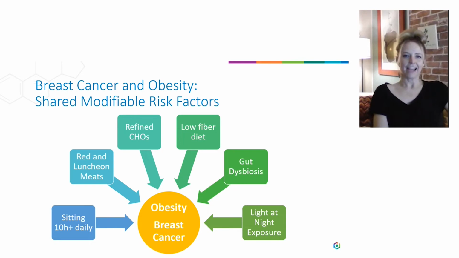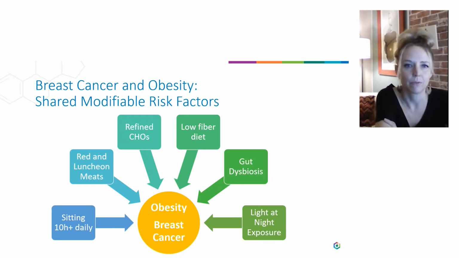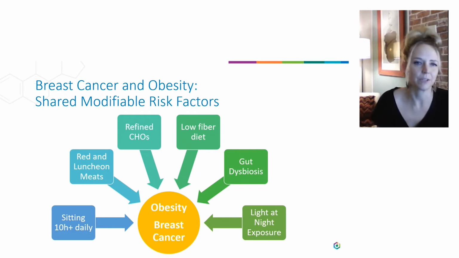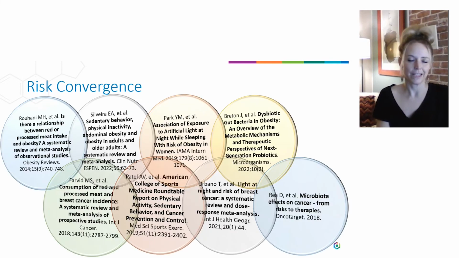In fact, at the level of lifestyle, obesity and breast cancer share some common risk factors. Some of these may be no-brainers, like sitting 10 plus hours a day. There's a study for that. Red and lunch meats, maybe that makes sense to some people. I have a little risk convergence picture here.